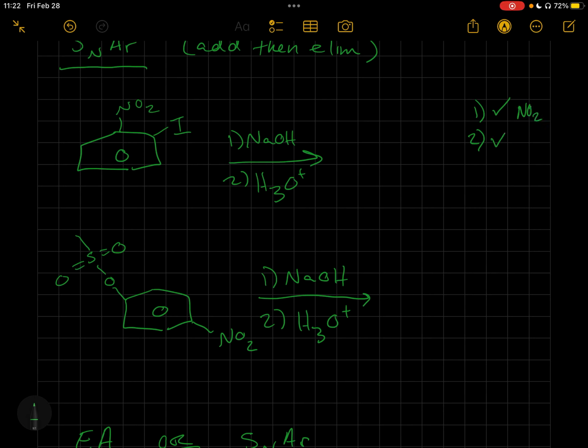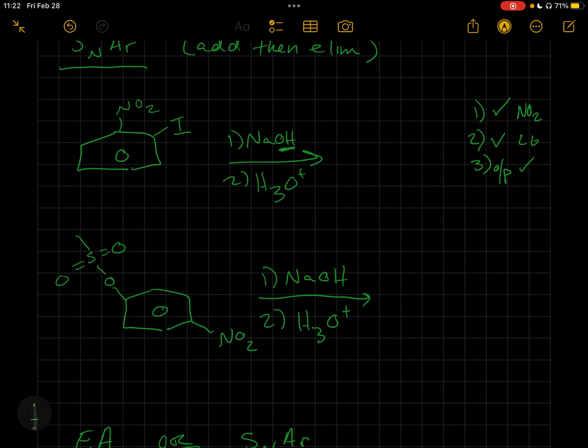Nitro, leaving group, okay. And then ortho or para is the third requirement. The iodine is para to the nitro. So we are good to go in terms of identifying this structure as something that would go through a nucleophilic aromatic substitution. Okay. Now, step one includes the nucleophile.